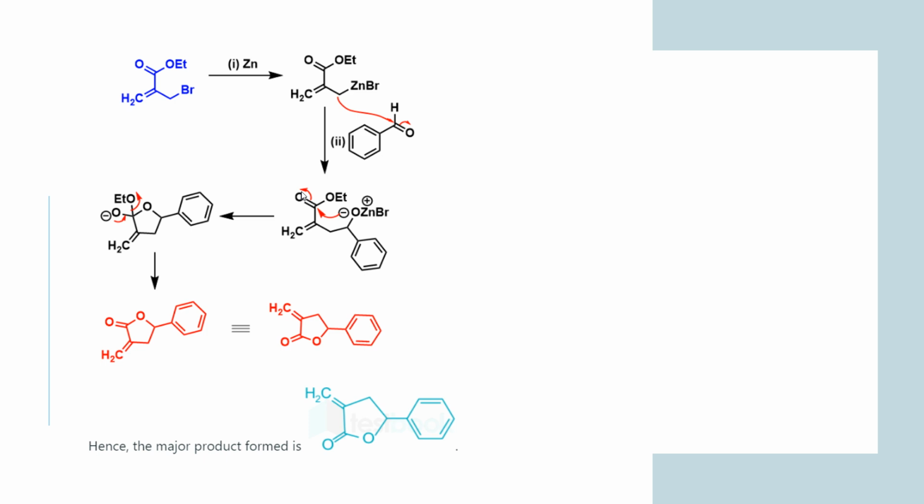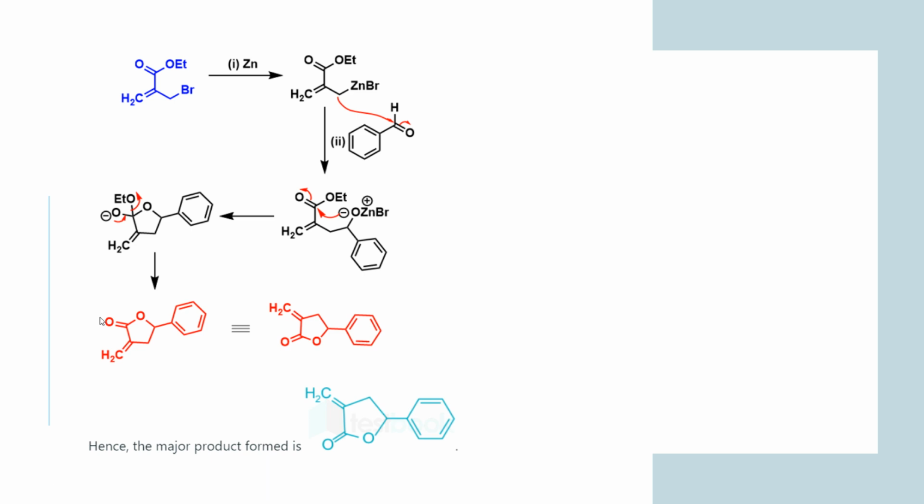Okay, so after the attack, in case of ester, you have this ethoxide good leaving group attached here. Immediately the oxyanion formed in the second step will eliminate this ethoxide to get you this newly formed carbon oxygen double bond in the product.